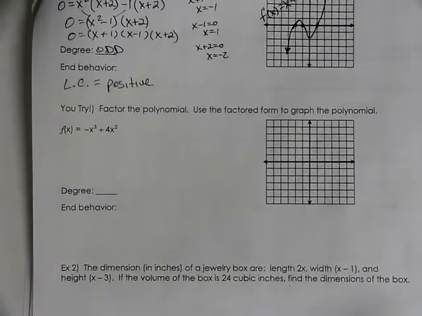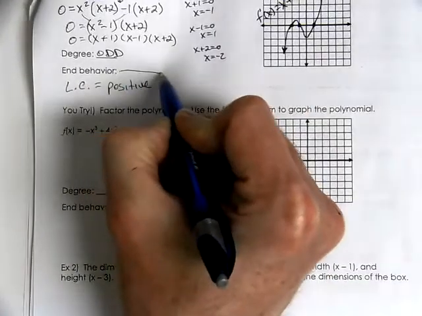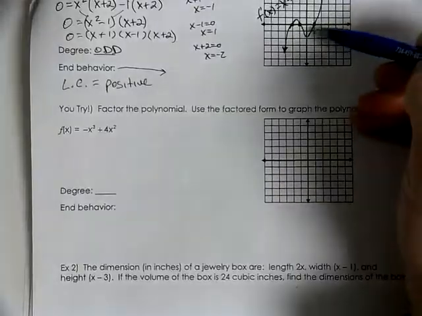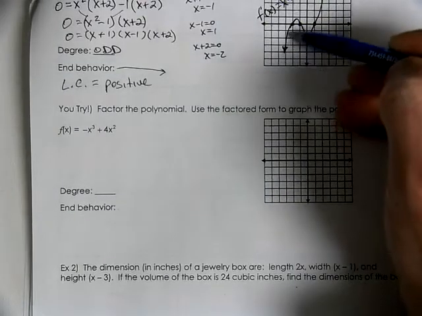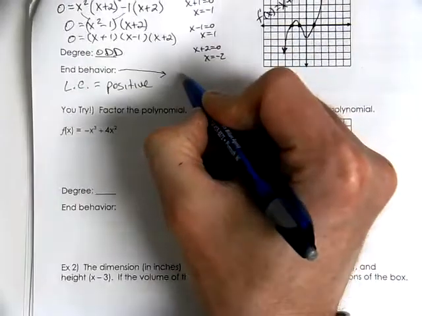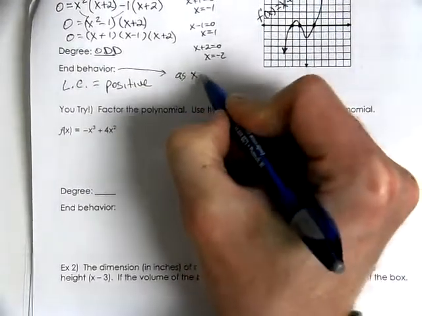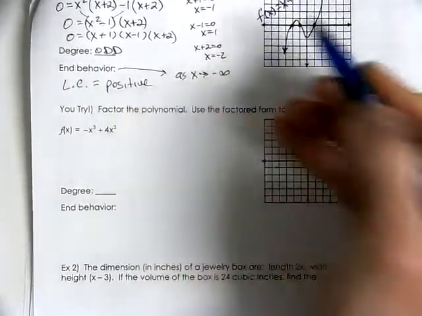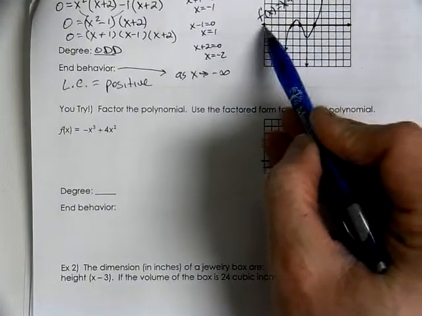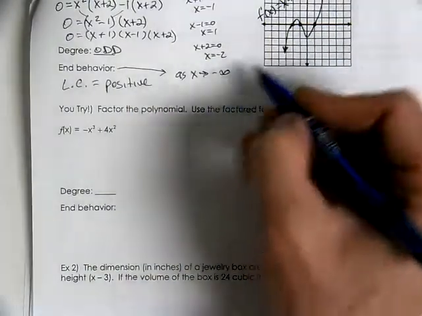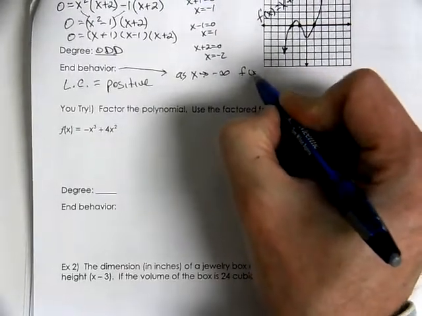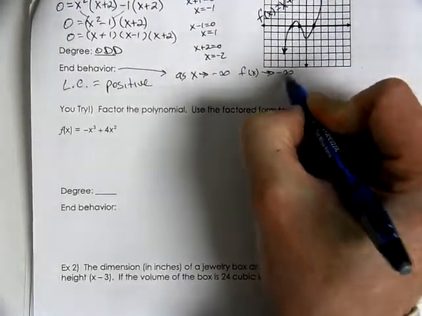Looking back at the top, we still had end behavior. The end behavior is what is happening as the graph moves to the right and moves to the left. As x approaches negative infinity, as the x numbers get smaller, where's the graph going? F of x is getting smaller.